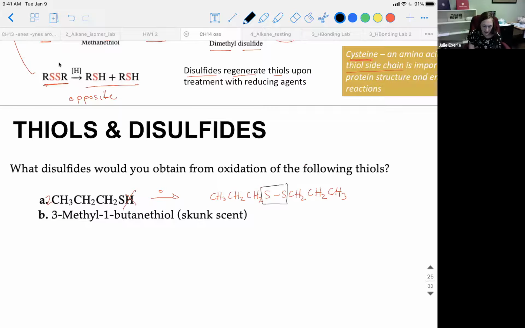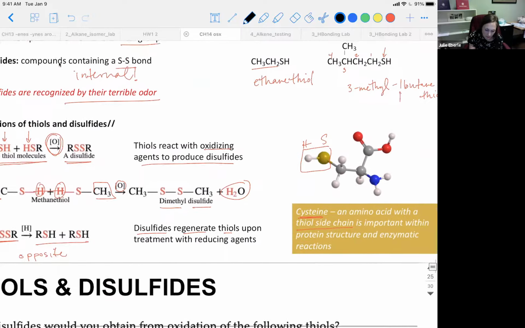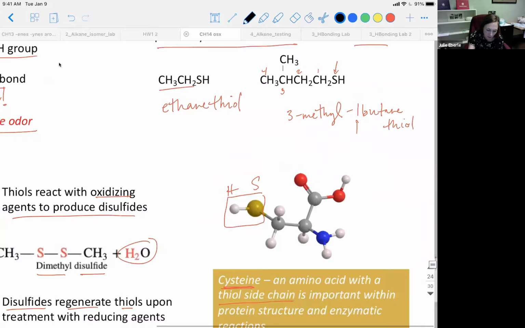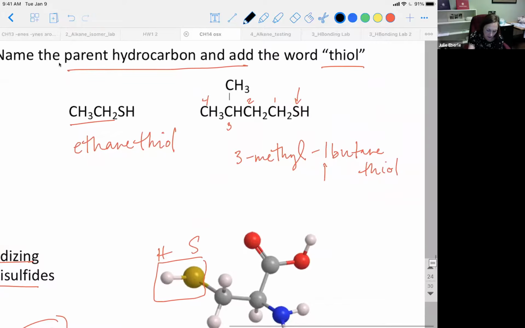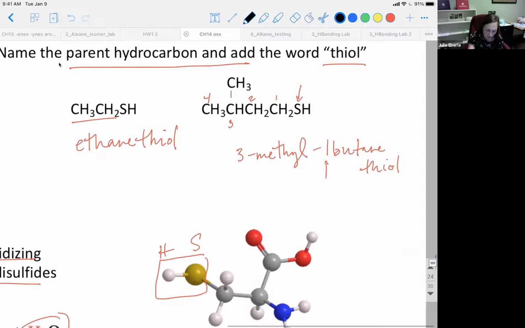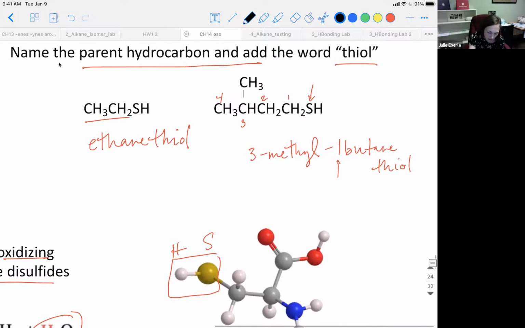Skunk scent is next. What disulfide would we get if we oxidize 3-methyl-1-butanethiol? Did we actually already, look, that is 3-methyl-1-butanethiol. We already have it. We don't have to think about how to draw it. I'm going to work smarter, not harder.